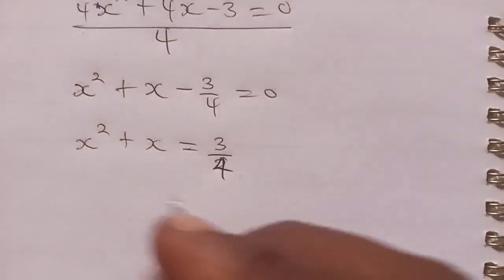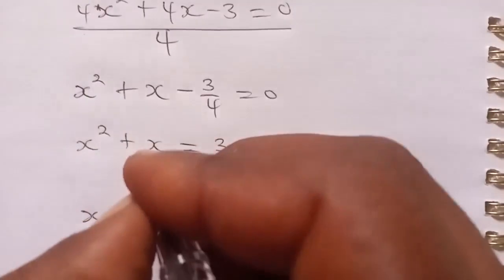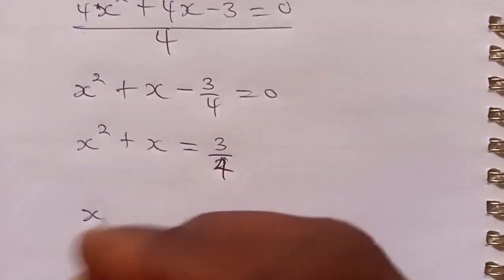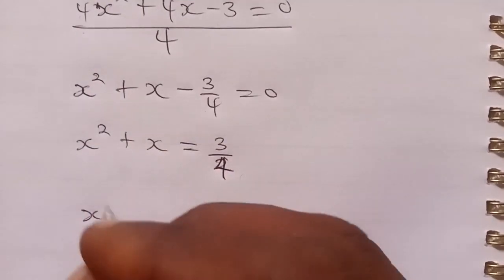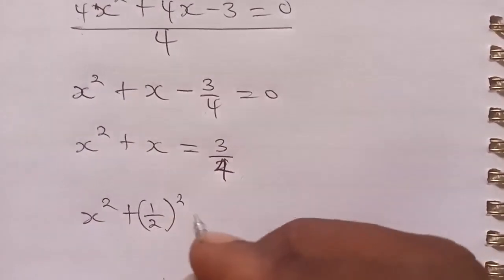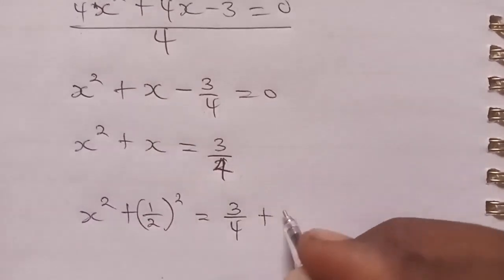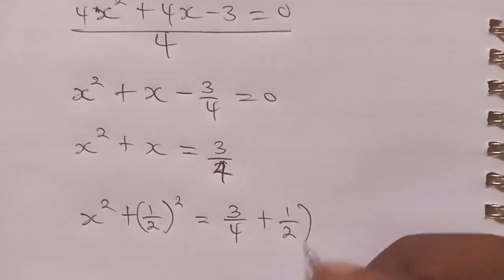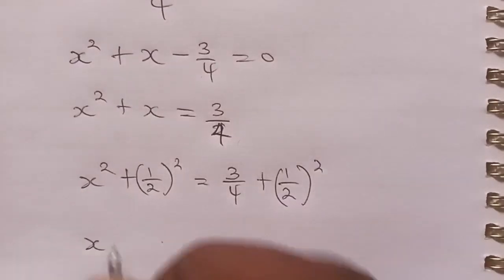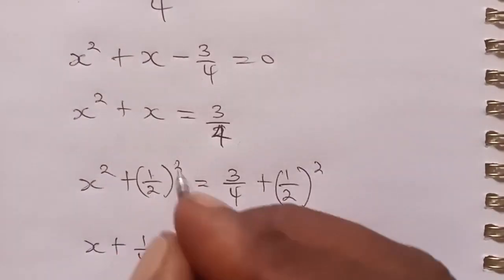If we have that, the next thing is that the coefficient of x here is 1. So we'll divide the 1 by 2. So x squared plus 1 over 2 all squared is equal to 3 over 4 plus 1 over 2 all squared. So what we have is x plus 1 over 2 all squared, and here is 1 over 4, because 1 squared is 1, 2 squared is 4.